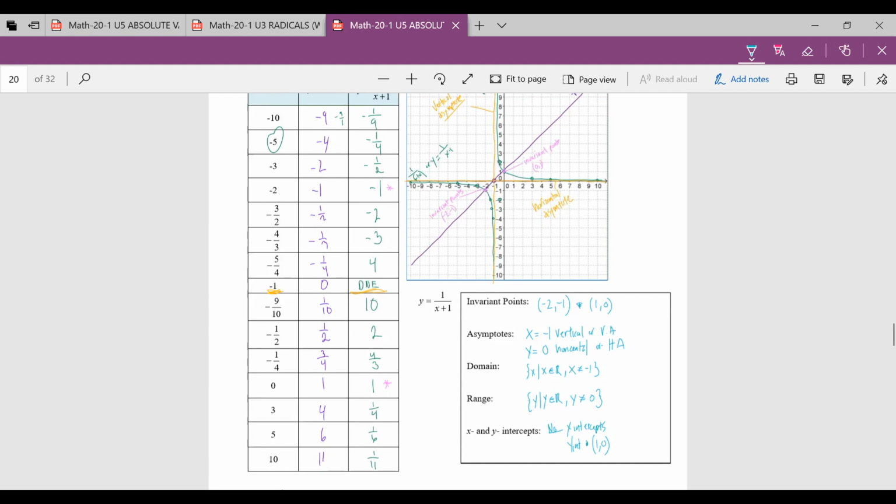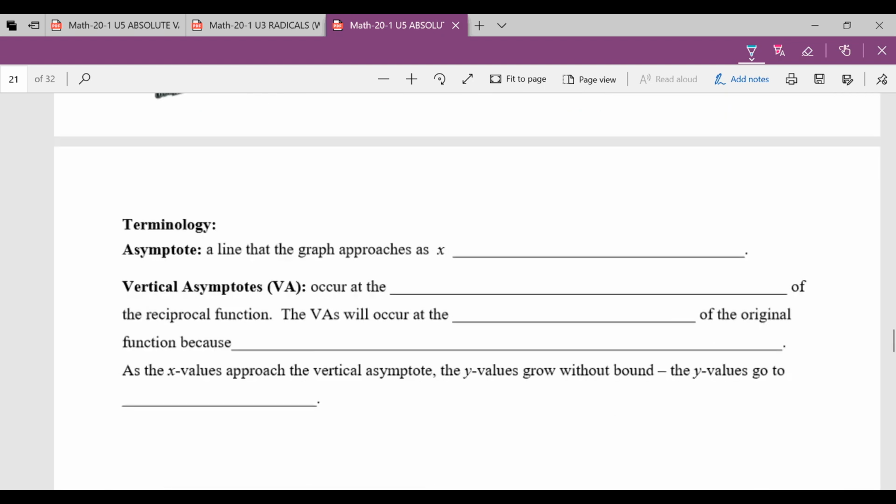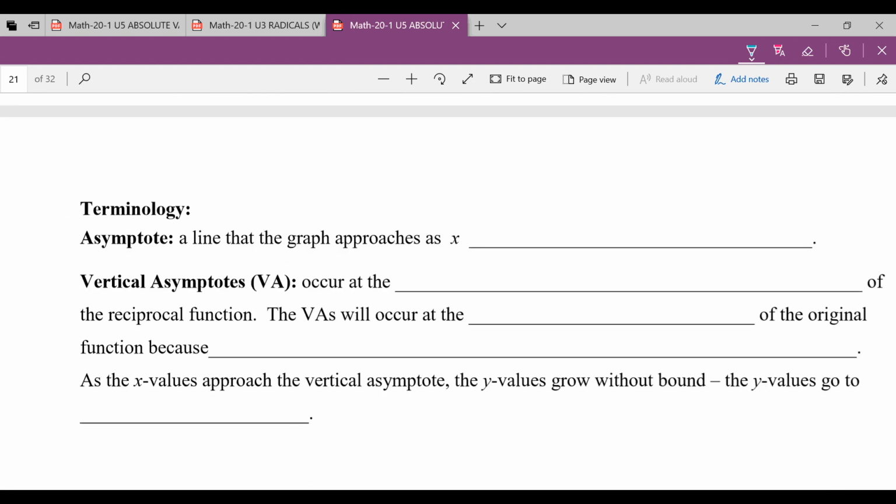All right, so on the next page then, what we'll do is summarize our findings here and introduce some of the terminology a little bit more formally. An asymptote is a line that the graph approaches as x gets infinitely larger or smaller. Vertical asymptotes occur at a place you've heard about before.